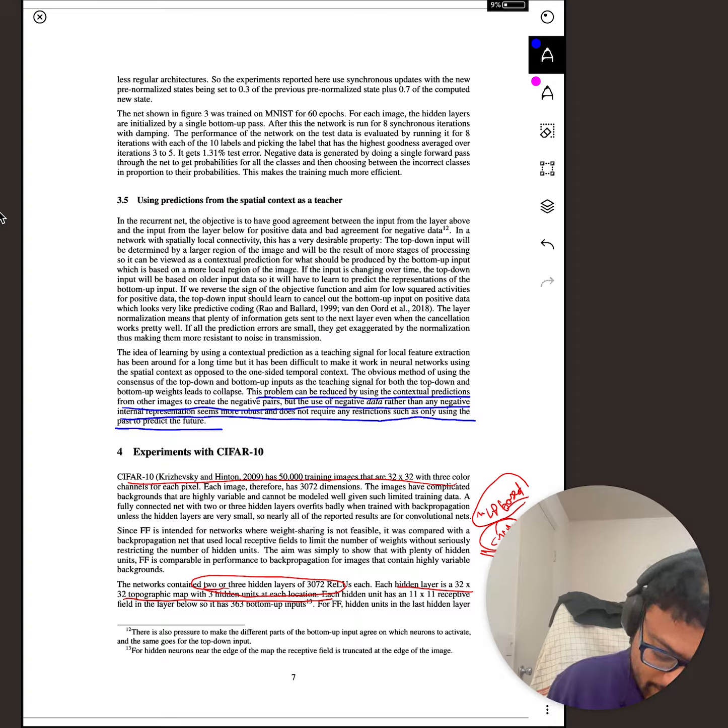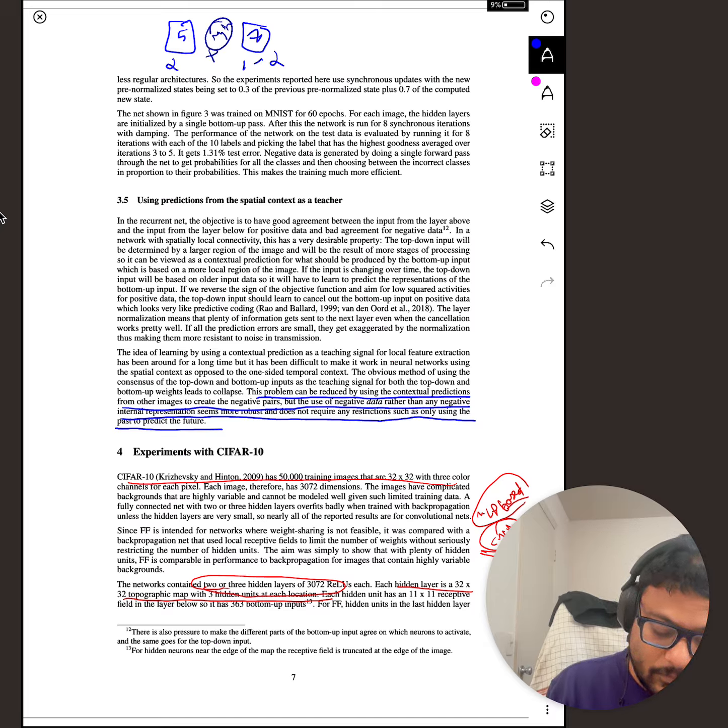So basically, do you remember when I told you that there were images of these two classes and he was taking alpha from one, 1 minus alpha from the other, and using that to form negative data? That is one way to form the negative data, but there is another way, and that goes as follows.